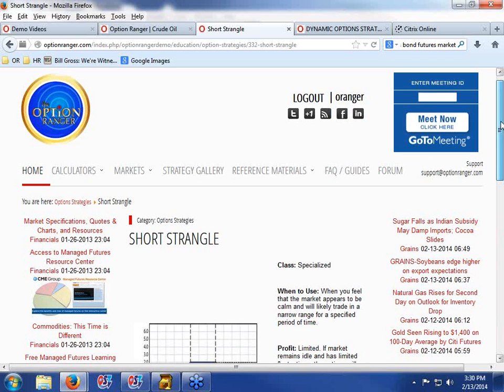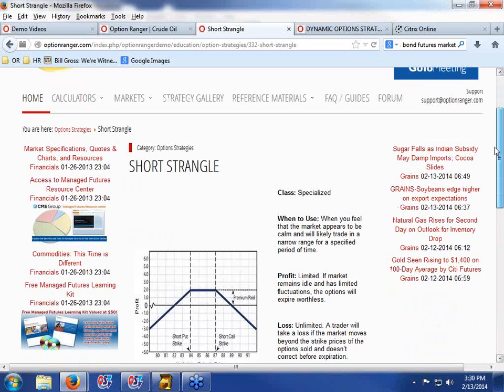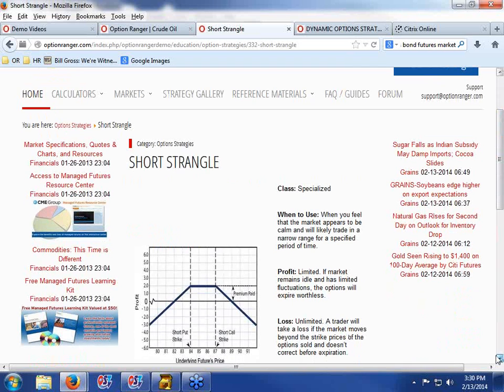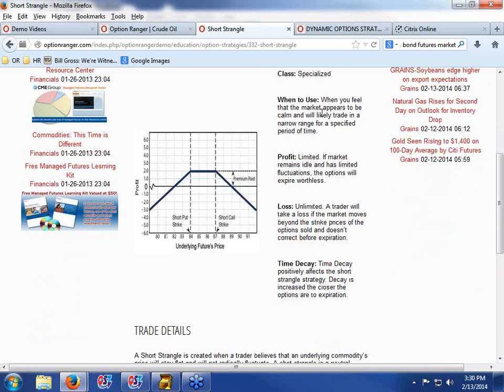And just to go very briefly, so you see how our strategy gallery works. When you get the short strangle trade as an opinion, you have a summary just to make sure that this is your outlook. So whether you look at it before or after you decide to evaluate a trade, here it is. You feel the market appears to be calm, or will become calmer, trade in a narrow range, volatility is going down.